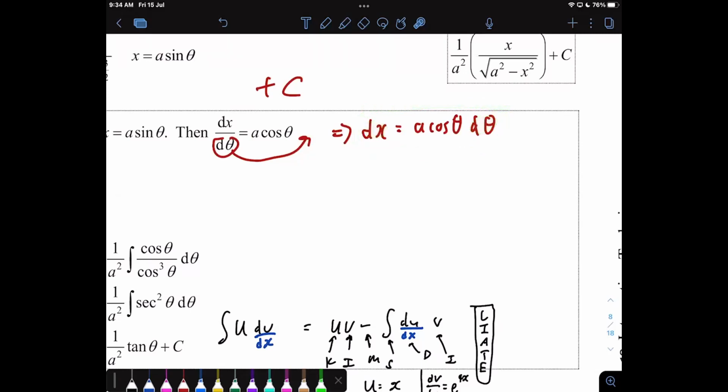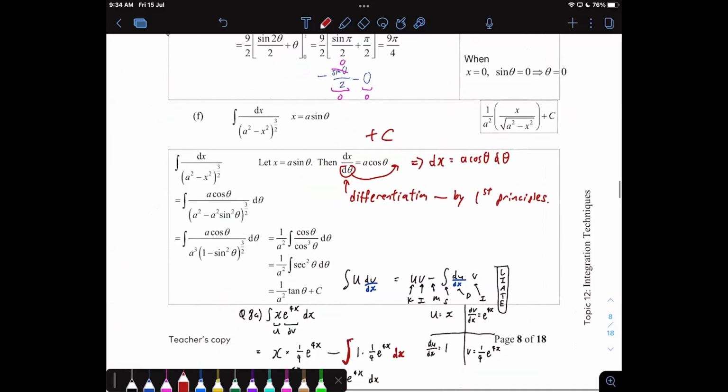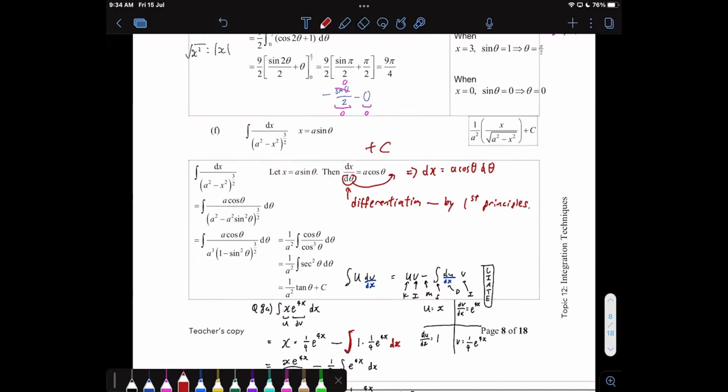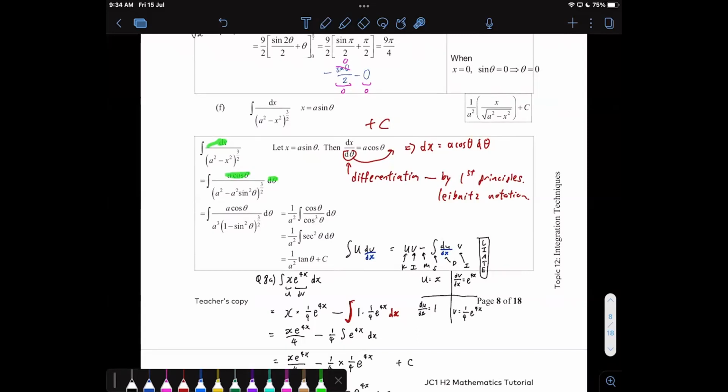If you want to know the technical reason, after A levels, you can go and look up differentiation by first principles. This is just notation, called Leibniz notation. Not relevant for A levels. D theta bring over. Then anyways, dx is substituted with a cos theta d theta.